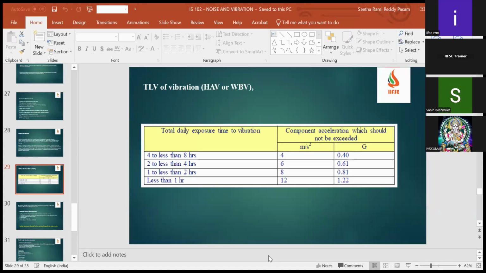Maybe dependent upon the vibration value. There is a relation actually. It is 1G is equal to 9.8 meter per second square.